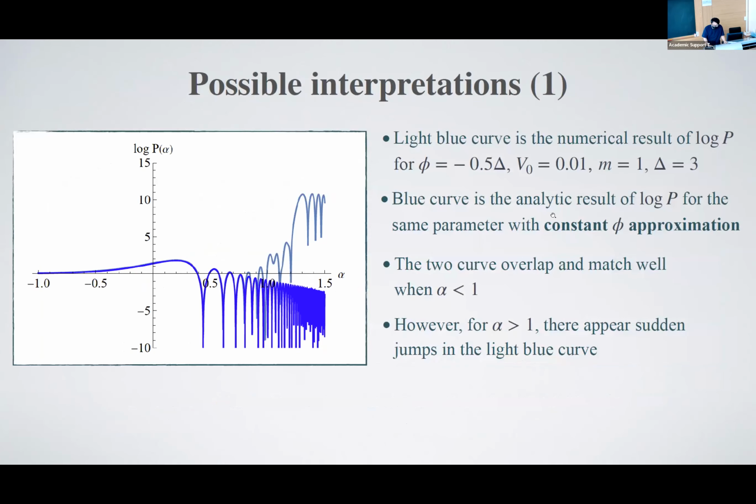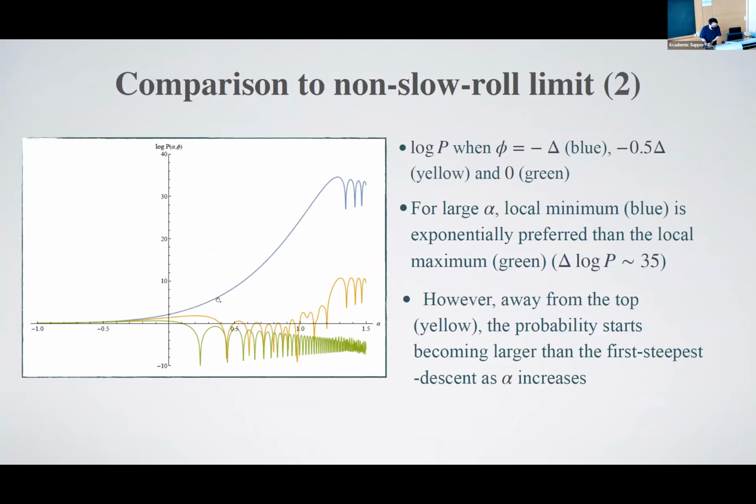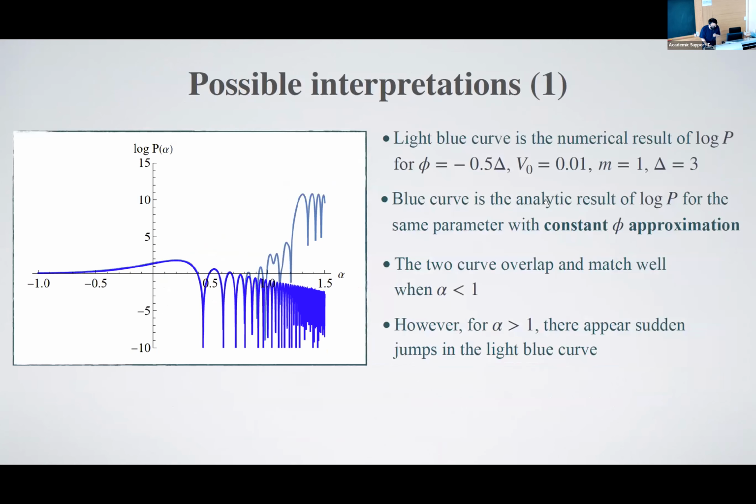So we try to interpret this unexpected phenomenon. Let's see the plot. First, the blue curve is the same as the yellow curve, and the thick blue curve means the analytic result from the Hartle-Hawking wave function.